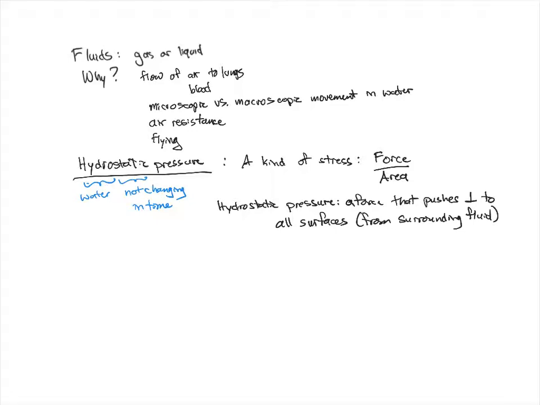So, for example, if I have a cube of metal, a solid cube of metal, and it's in the air, there is a pressure that is pushing down on the top of it from the surrounding air.